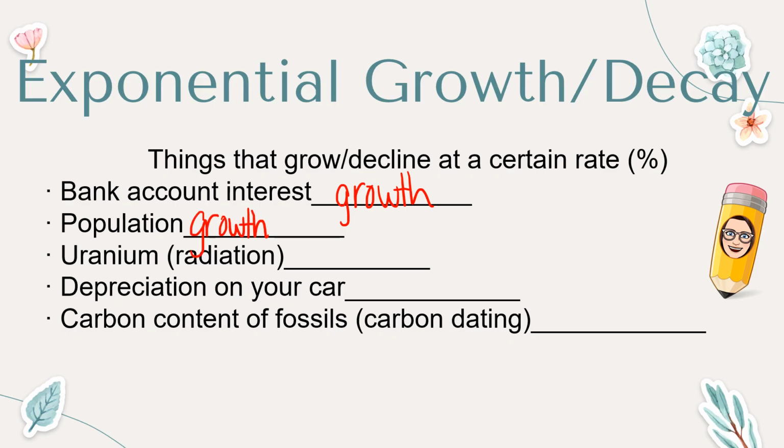We saw a boom in North Dakota many years ago, but it can also decline or decay. Uranium is decay. Depreciation of your car, oh my gosh, you can't get any more real world than that, right? You lose money the moment you drive it off the lot. And then carbon dating. Carbon dating might be something that you can connect with from your other classes as well.